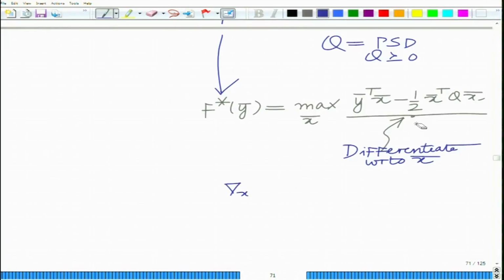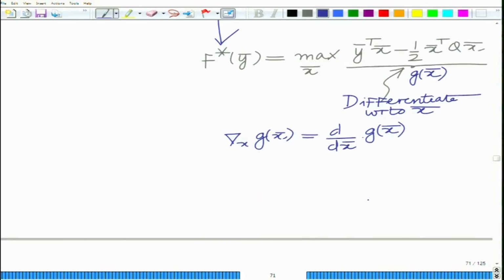Let us call this g of x bar, and take the derivative of g with respect to the vector x bar. And remember, the derivative of y bar transpose x bar is of the form c bar transpose x bar, derivative is c bar, which is basically y bar, minus half the derivative of x bar transpose Q x bar.